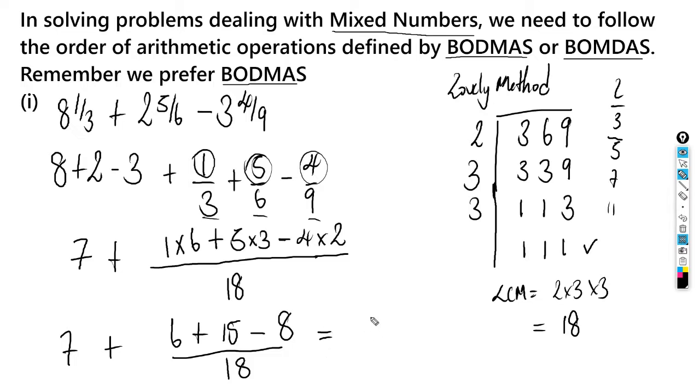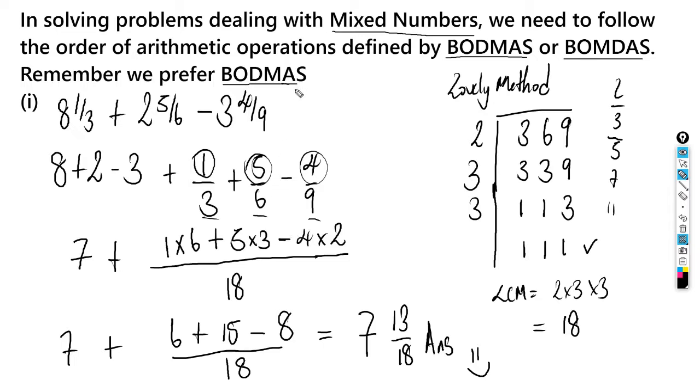So we're going to end up with 7 and 13 over 18. And that's the answer. This one doesn't really test the knowledge too much, but as you can see, we added first, and we basically did the subtraction last.